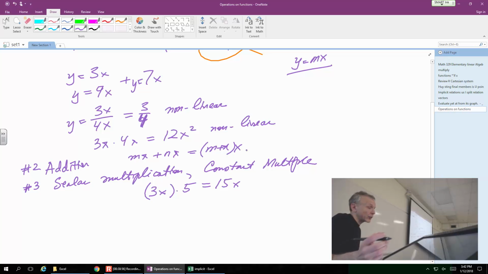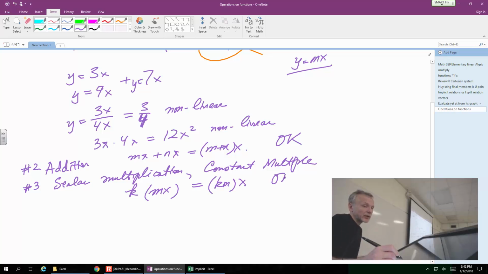Here I took 2 linear functions, absolutely arbitrary, mx and nx, and added them together. The result is, once again, a linear function. So this is okay. Constant multiple, the same thing. If I have a linear function, y equals mx, and multiply by any number k, what do I have?